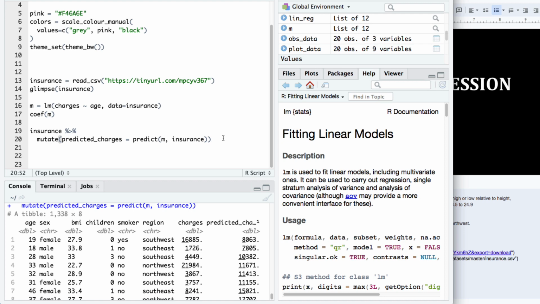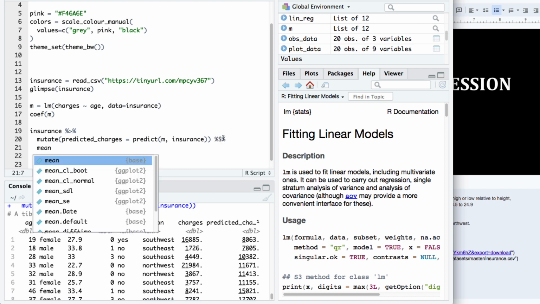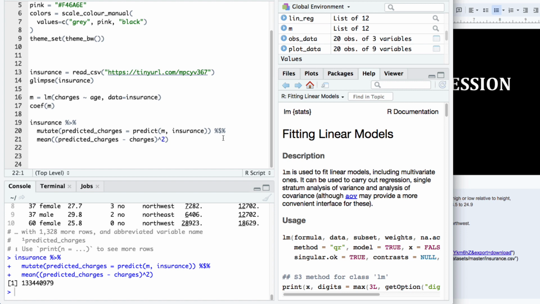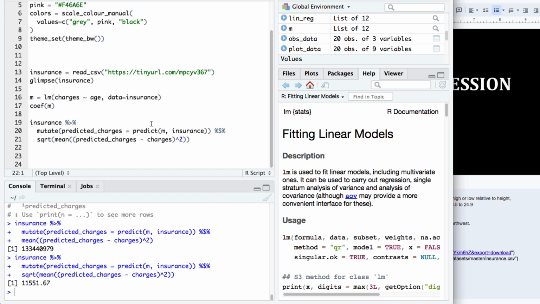And if I want to look at, for example, what's the mean squared error of this prediction, I can do something like this, right? That is the mean squared error. I can also take the square root of the mean squared error. This is what we call the root mean squared error.